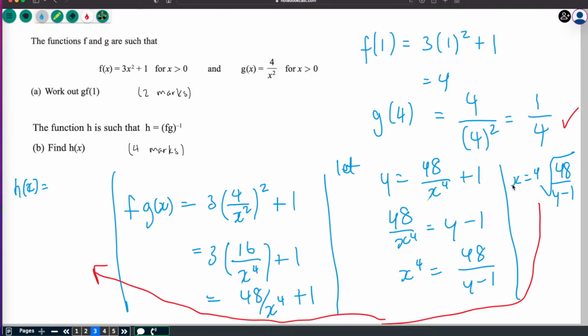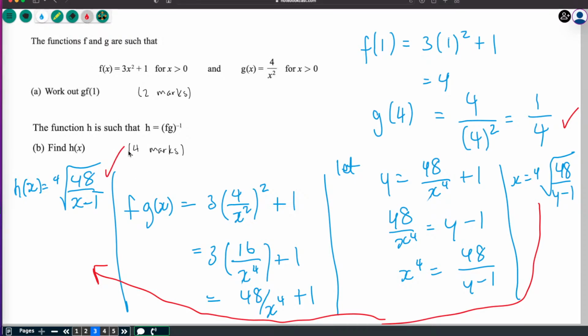Basically, you're now saying what was the input is now the output, and what was the output is now the input. That's the whole point of an inverse function. So this is h of x. H of x equals the fourth root of 48 over x take 1. And that's your final answer there.